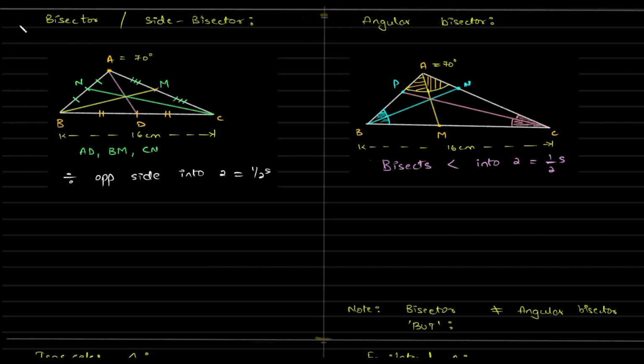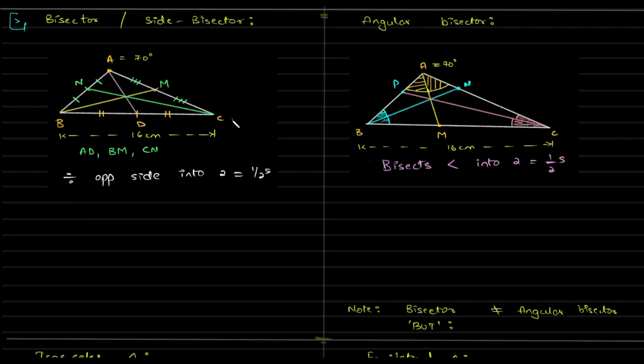Next is your bisector. Bisector has to do with cutting the side into two equal parts. But this line has to be a line coming from the vertex. So from a vertex to the midpoint of the opposite side. So I have a triangle ABC.